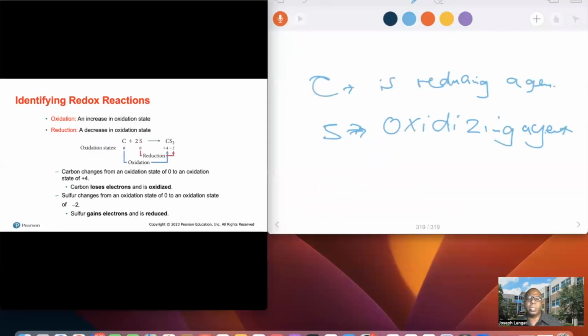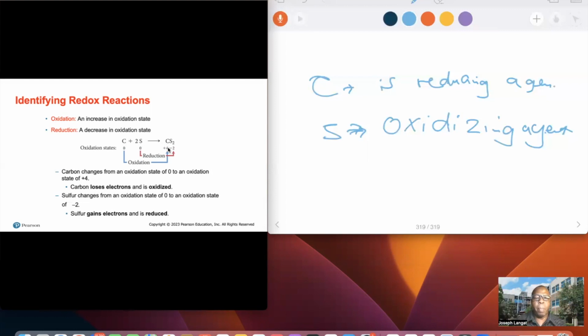This is what I had on the whiteboard, that from the calculation here, this is oxidation, loss of electrons. So it's going to add electron to sulfur. Reducing agent, it's adding electron. It reduces. How do we know?